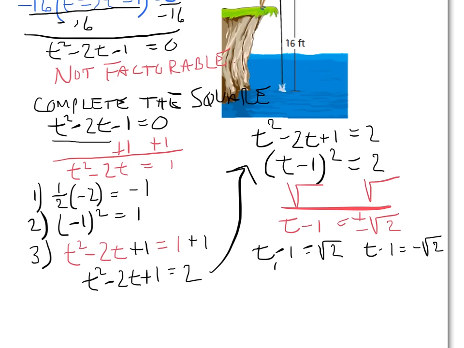From here I would be adding 1 to both sides of both equations, and when I use my calculator, I end up with t is about 2.4 and t is about negative 0.4. Well, we know that we can't have our time landing in the water be negative 0.4 seconds.